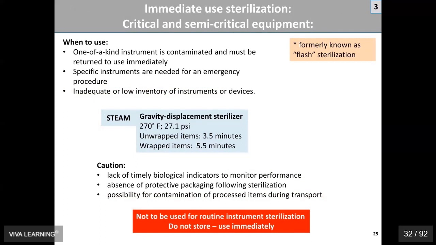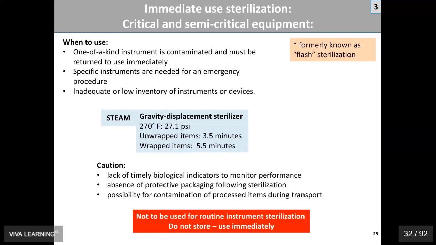So for immediate use sterilization, every now and then there's a need to sterilize something quickly. And keep this in mind, if you're having to do this very often, you probably need more instruments. If you're doing so-called flash sterilization, because the problem is, if you need that instrument right away, or you have an inadequate inventory of instruments, you can put it in there unwrapped in a typical gravity displacement sterilizer and have it ready in 3.5 minutes.